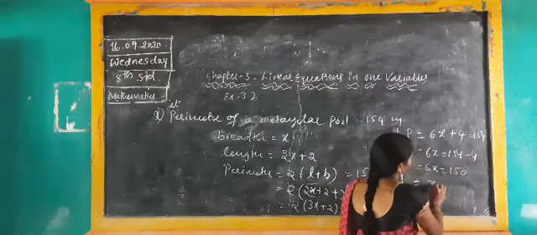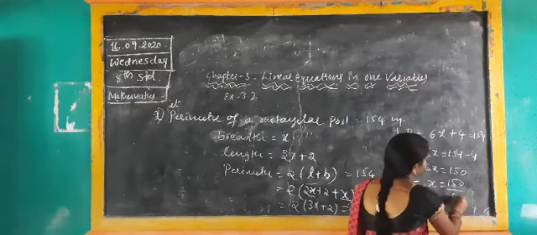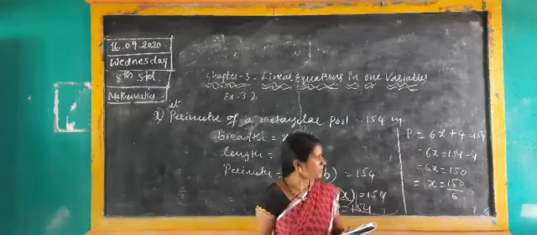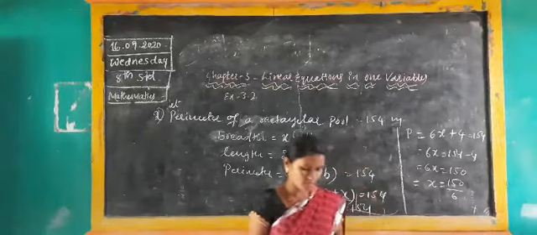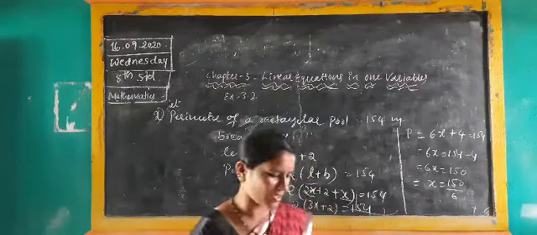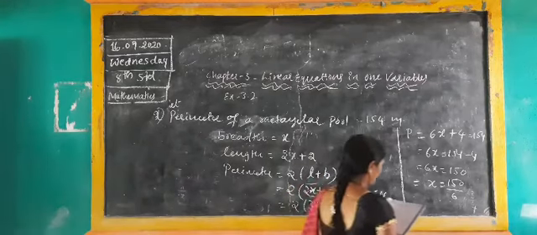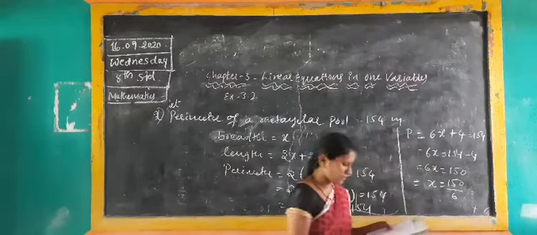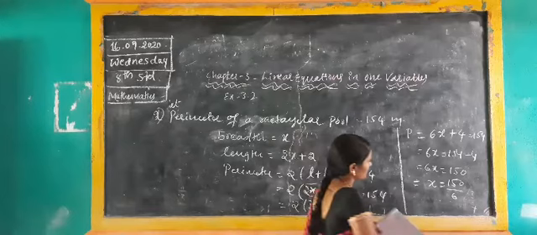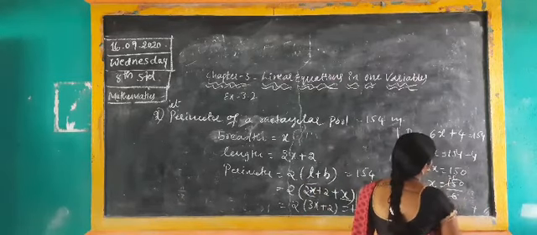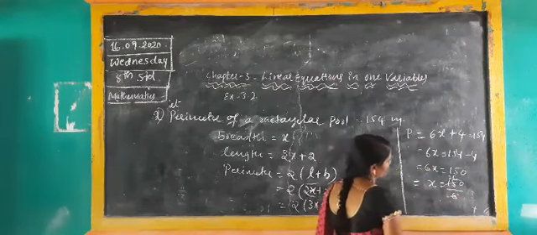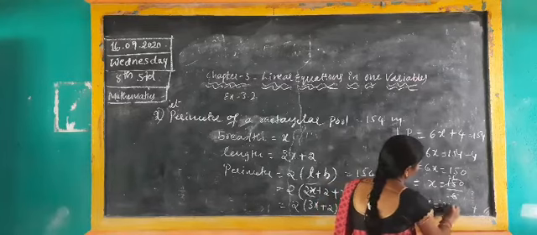You will get x is equal to 150 by 6. You will get 25. 6 2s are 12, 6 5s are 30. x is equal to how much? 25.